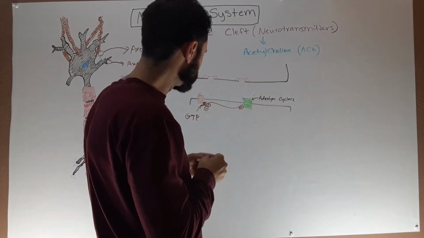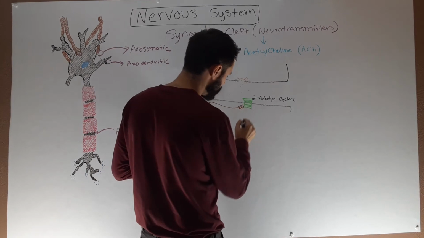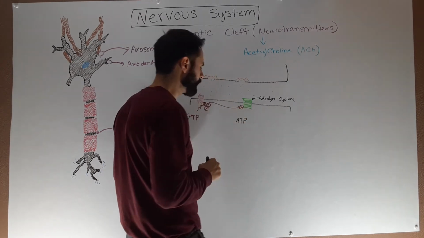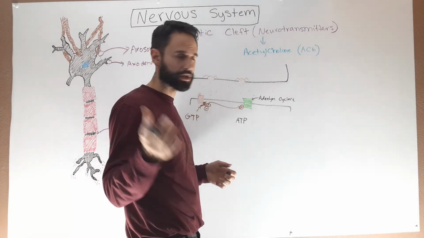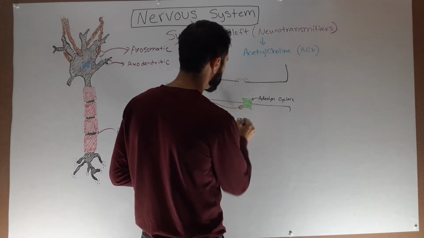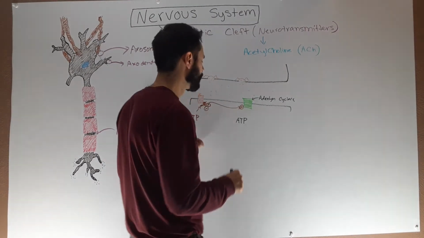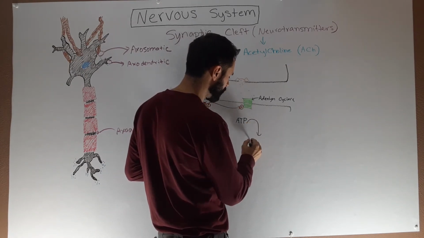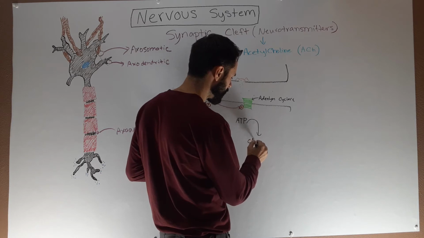What that is going to do is turn ATP, adenosine triphosphate, which you've probably heard of, the energy currency made in the mitochondria, powerhouse of the cell. And that is going to change it to what's called cyclic AMP.